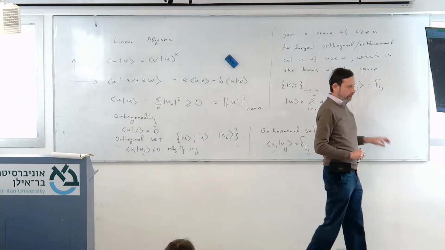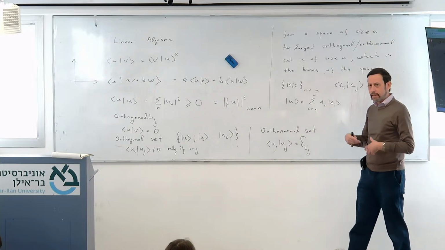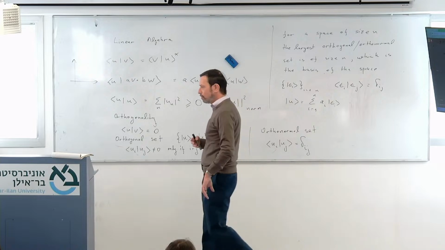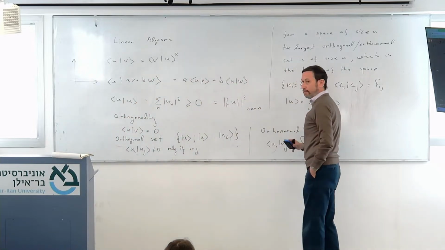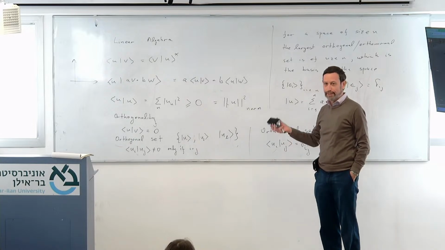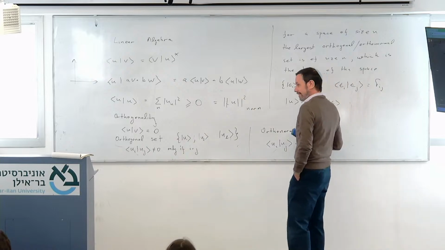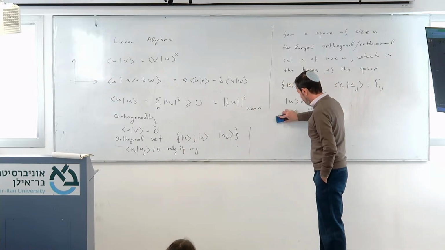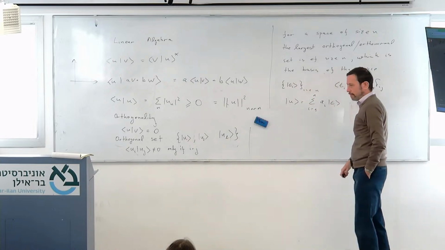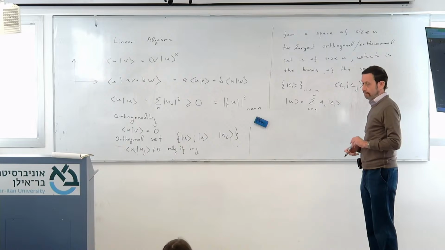Okay. How do I find these E_i? And this is a procedure that will return so many times that even if you forget the course, I hope you will remember the procedure. We take one vector and then we do a normalization. We do orthogonalization for the other vectors.